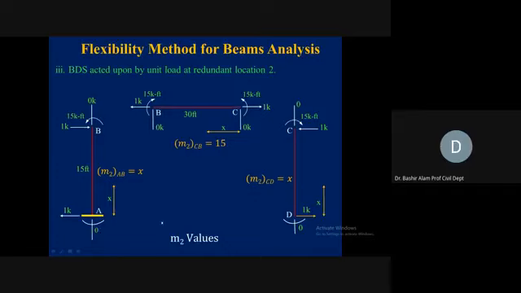To balance the moment at A, this 1 kip, if we extend this line, is passing through A. So the perpendicular distance about A is equal to 0. So 1 times 0 generates 0 moment about A. That is why we declare the moment here equal to 0.